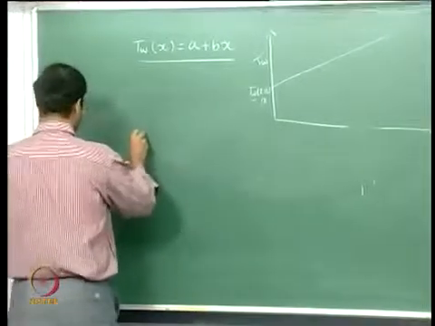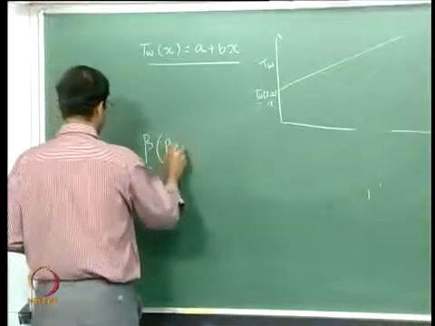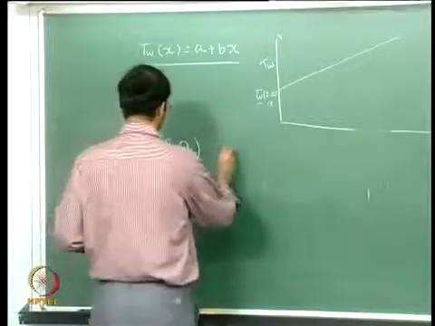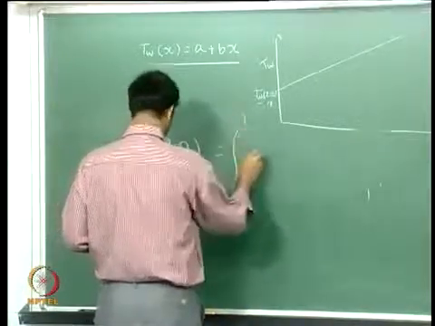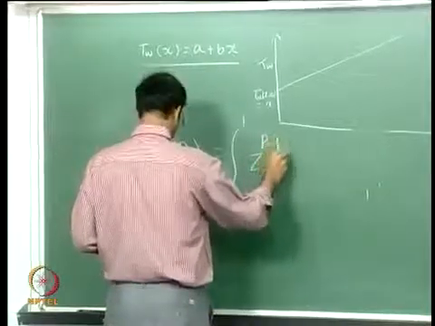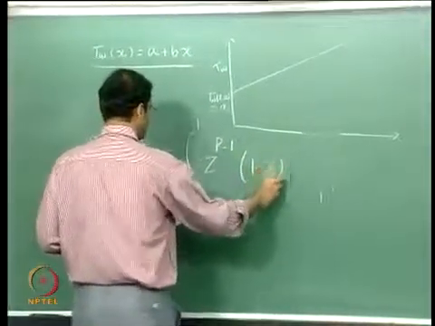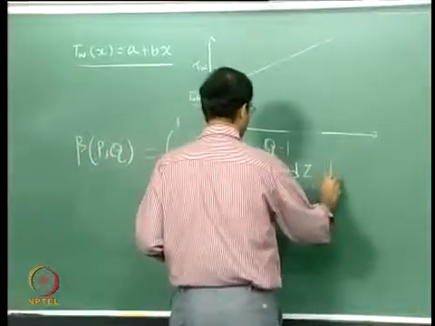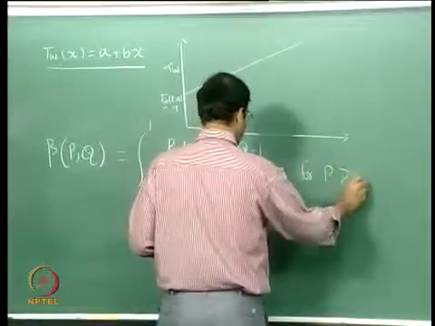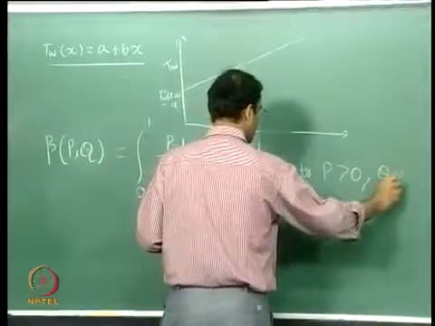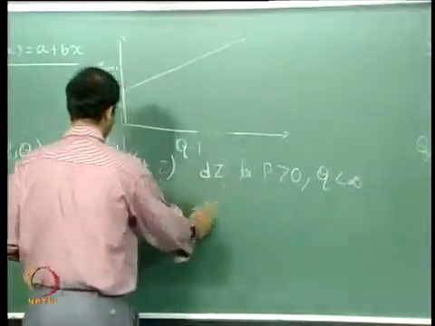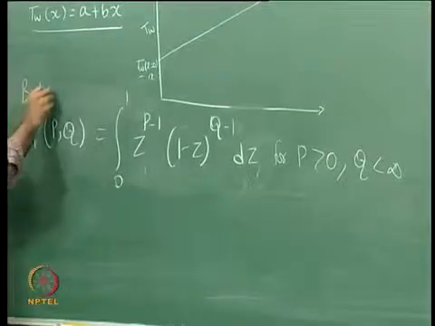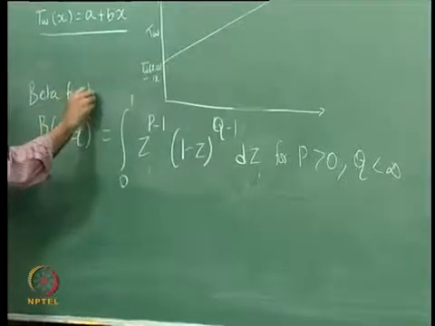You can express this beta function in terms of constants p and q as the integral from 0 to 1 of z to the power p minus 1 times 1 minus z to the power q minus 1 dz. This is valid for positive values of p and q less than infinity. This is how your beta function is defined.